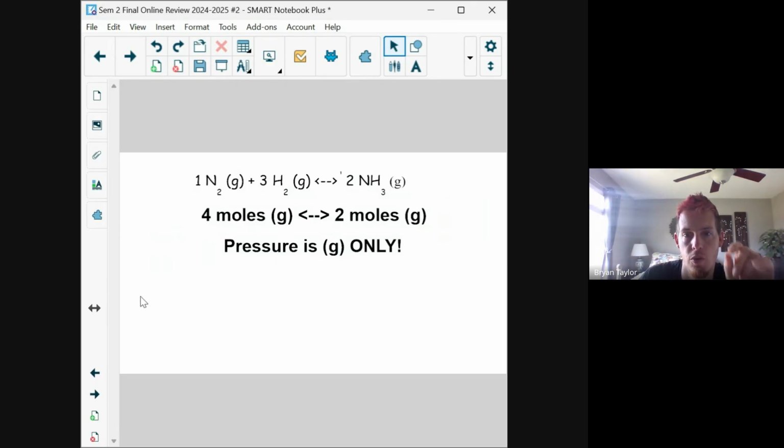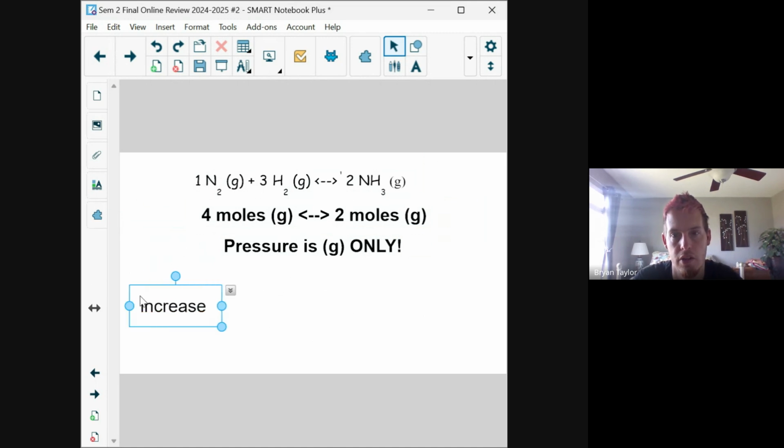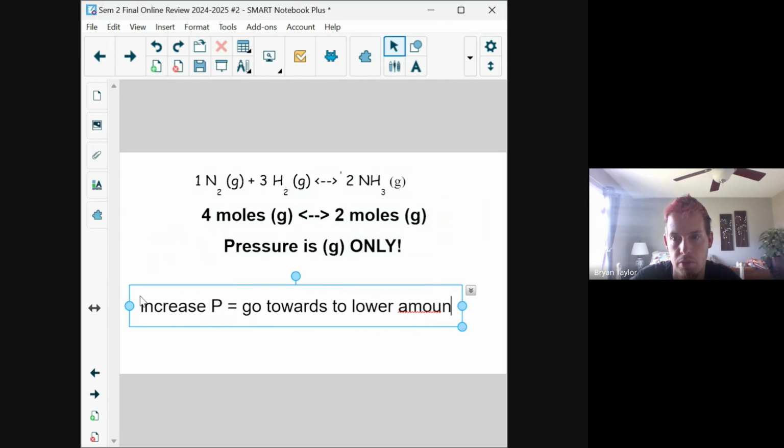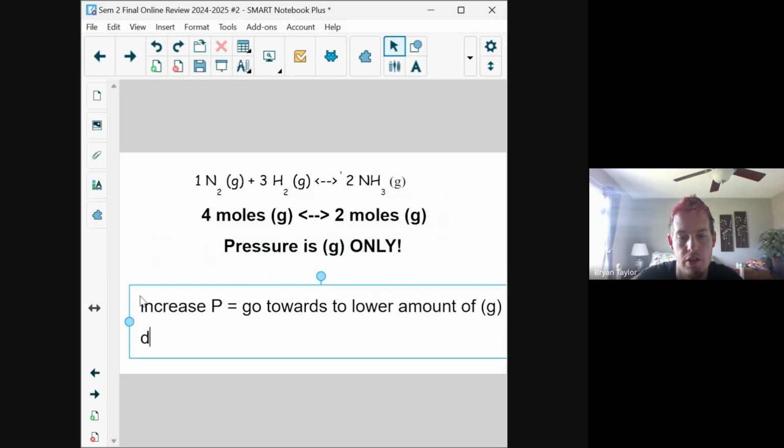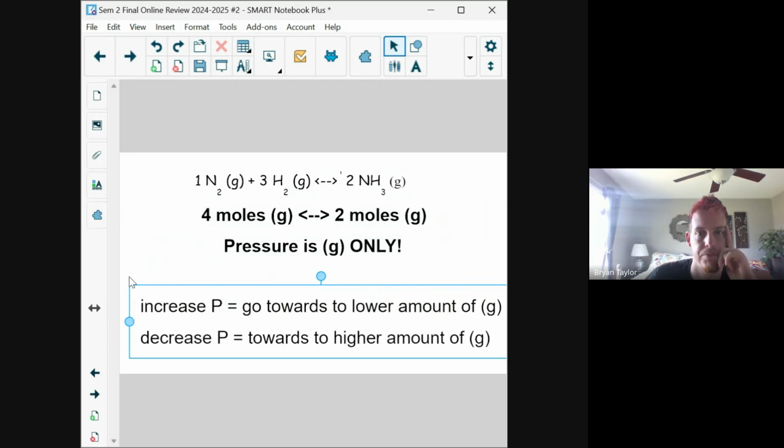If you increase pressure, you are going to go towards the lower amount of gas. And if you decrease pressure, towards the higher amount of gas.